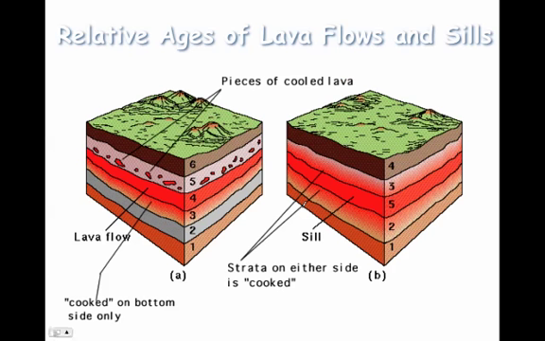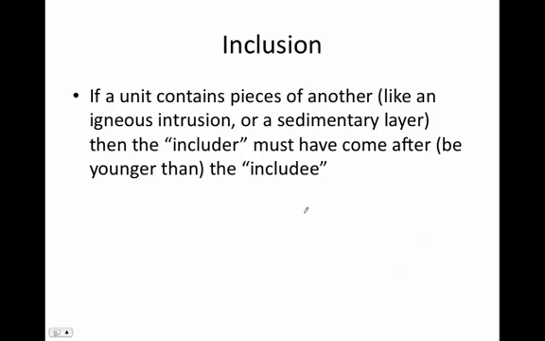Let's look at this layer of rock. So these are different layers of lava flow and sill. And so which layer of rock here would be the youngest? That's right, layer 4 would be the youngest, and layer 1 would be the oldest according to the theory of superposition.